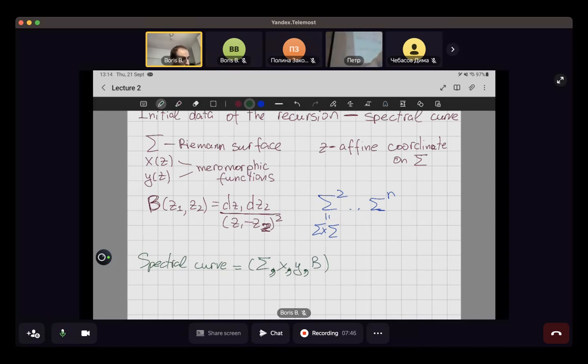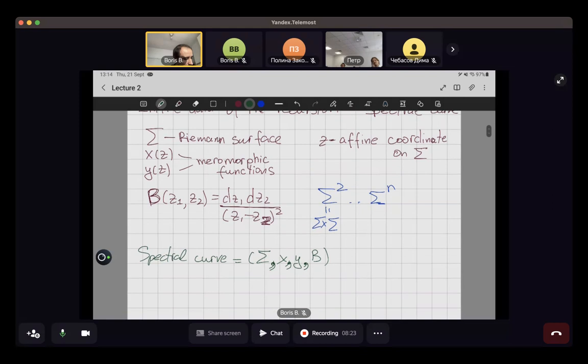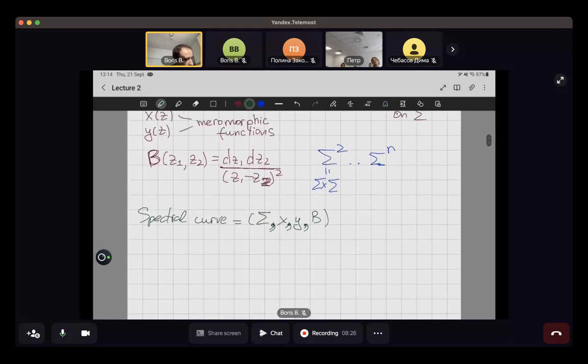In fact, the proper definition of this B is a bit harder, but we can always choose B in such a form if sigma is equal to CP1. So maybe for the beginning, for the first half of this course, we'll agree that sigma will be just CP1. Yes, I should make this remark.